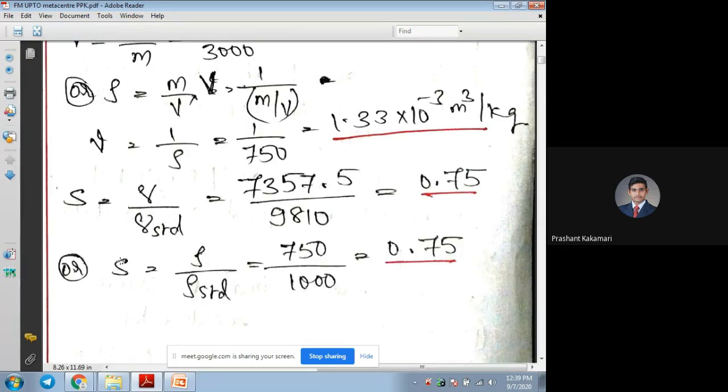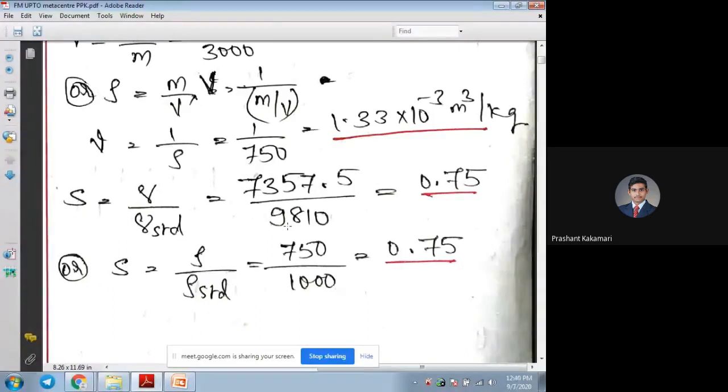This also you can find out in two ways. Both ways you have to find out the ratios. What ratios? Either you can go for specific weight or the weight density ratio of the given fluid to the standard fluid water, or one more method is you can go by density ratios. That is the mass density of the given liquid to the mass density of water. So both values of water we know. This is the assumption.